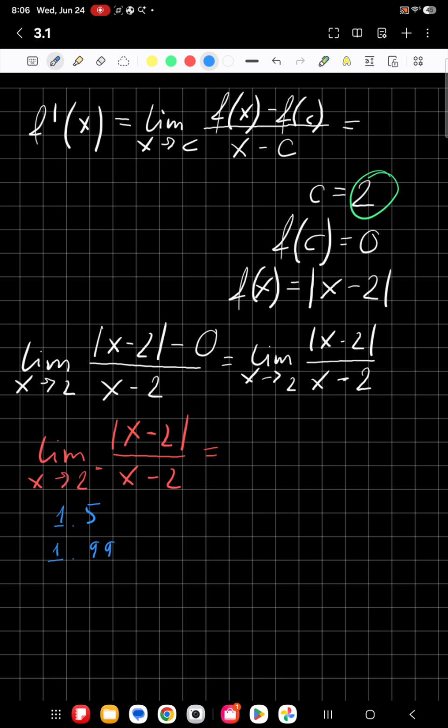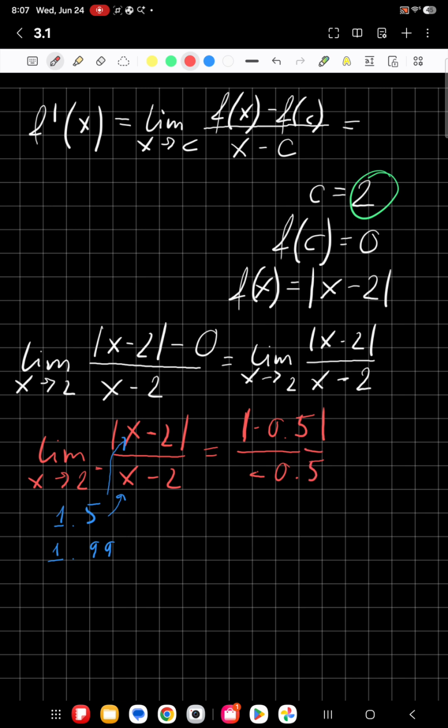If we plug in that first x, on the top I'm getting positive 0.5, so it's absolute value of negative 0.5, and at the bottom we just have negative 0.5.